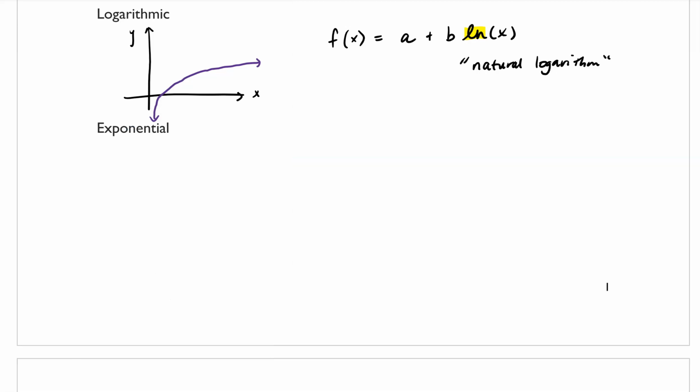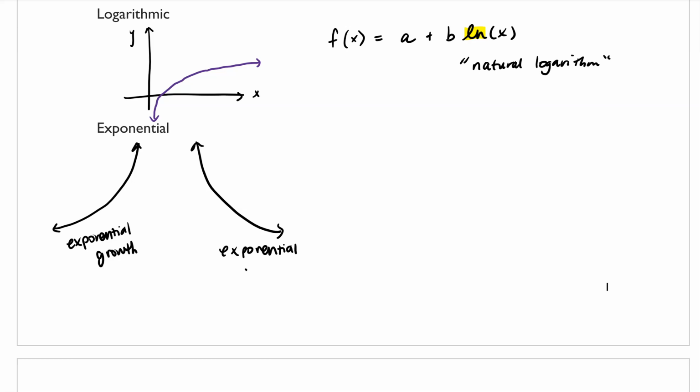And then the two exponential models that we've really been dealing with is when it looks like that, and that is called exponential growth. And then the second one we saw was something like that, and that is called exponential decay.